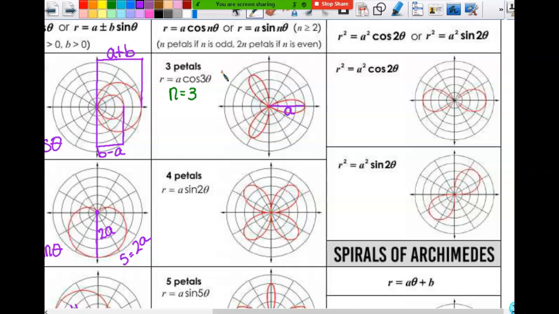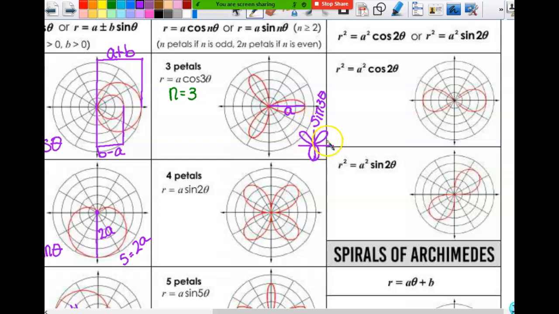If it was a sine graph, you might want to draw this over here. If it was a sine, I'm going to draw a little one, and it's not going to look real pretty, but it would look something like that. This would be sine of 3 theta. Notice how for the sine of 3 theta, it would not be on the positive y-axis as you might expect.